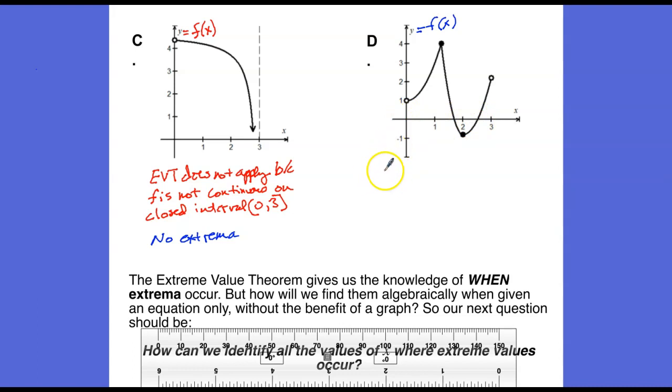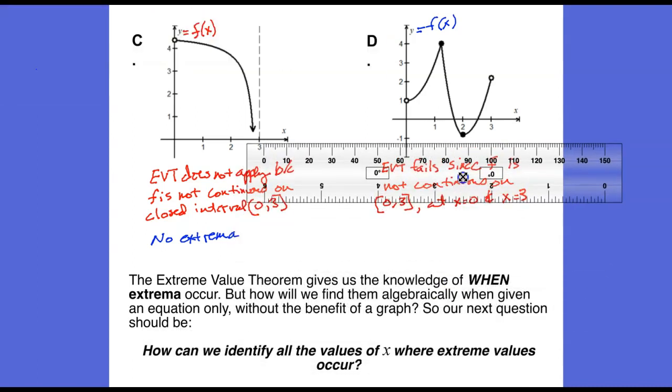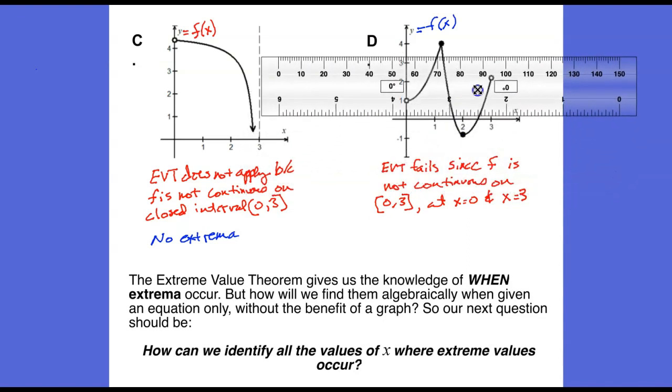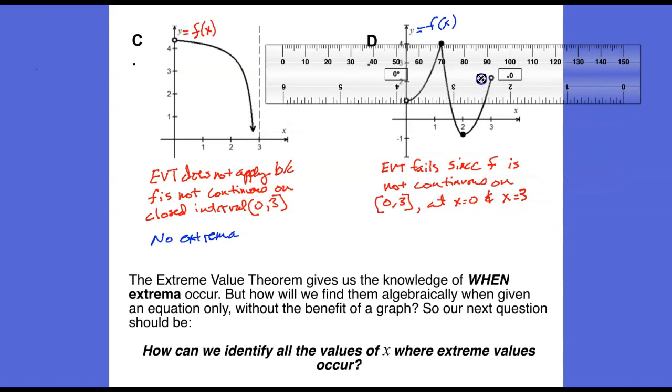So let's say the extreme value theorem fails since f is not continuous on the closed interval 0, 3 at x equals 0 and x equals 3. Now, on the interval, we do have an absolute minimum located at x equals 2, and we have an absolute maximum of 4 located at x equals 1.